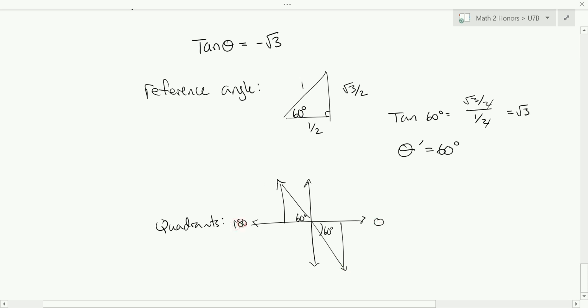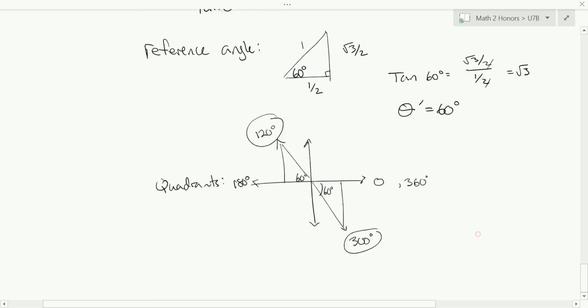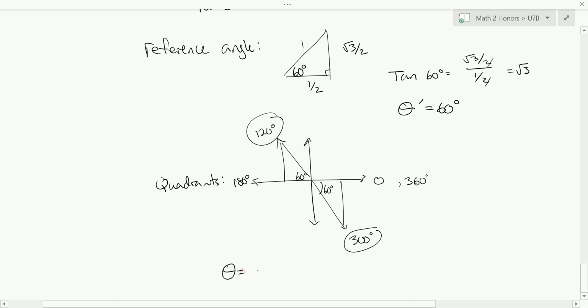This is 180 degrees. So if I go back 60, I'm at 180 minus 60, which is 120. That's one answer. If I go full circle, I'm at 360, but I need to go back 60 from that, and I'm at 300. And so my final answer is theta equals 120 degrees and 360 degrees. And that's how it works out.